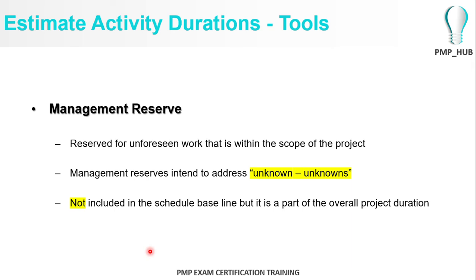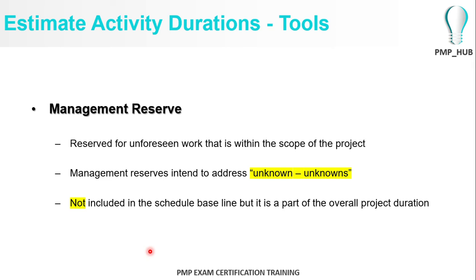Over and above that, there is a concept of management reserve. This is where you reserve another amount of time duration for unknown unknowns, for risks that you have not identified. Say, for example, after you calculate your estimated activity duration for your project, you come up with 150 man days, and thereafter you add another 20 more days for any unforeseen risks to the scope of your project.